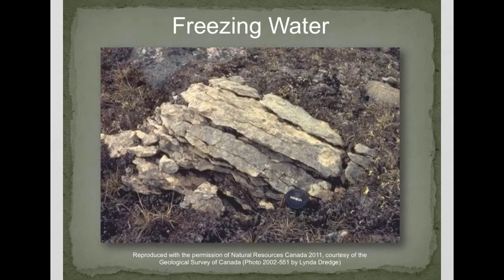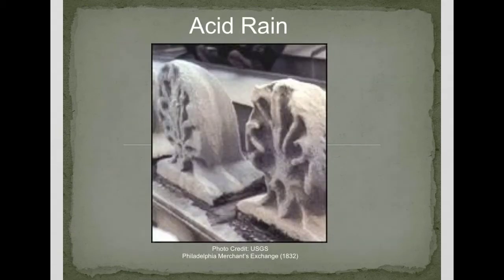Here's another example where you can see that the water has gotten in and cracked and froze and cracked, and the pieces of the rock are falling apart because of the water freezing and expanding. Acid rain is another thing that causes erosion.